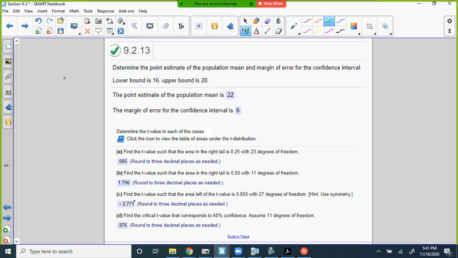So again, there's 3 little components. How do I find the t given the area, right? We want the t-score, the t distribution value off of that. Then the right and left boundaries of a confidence interval based on whatever confidence they give us.